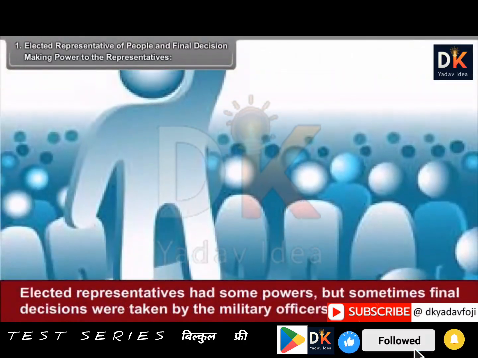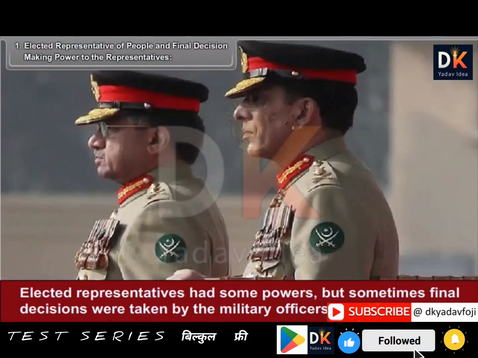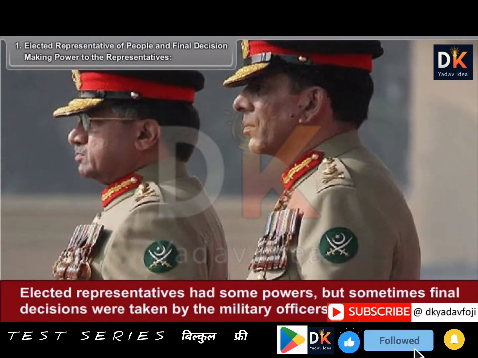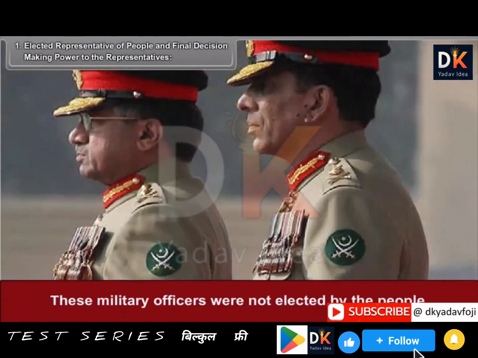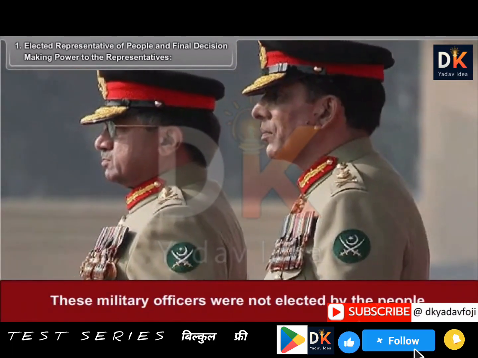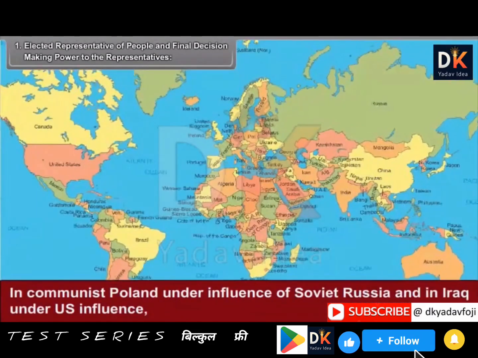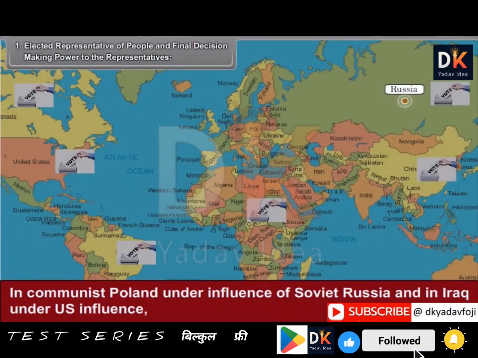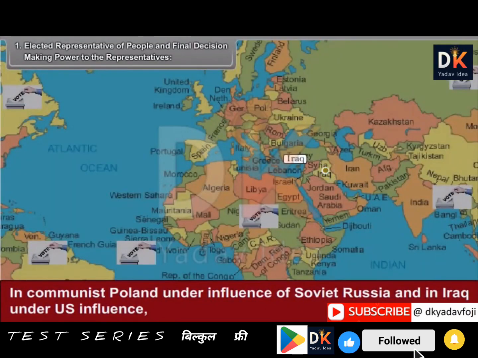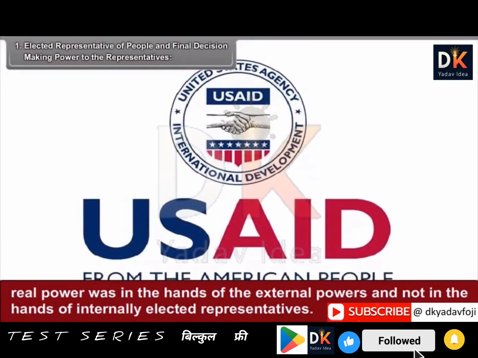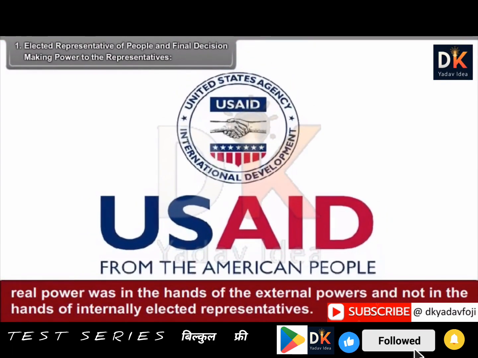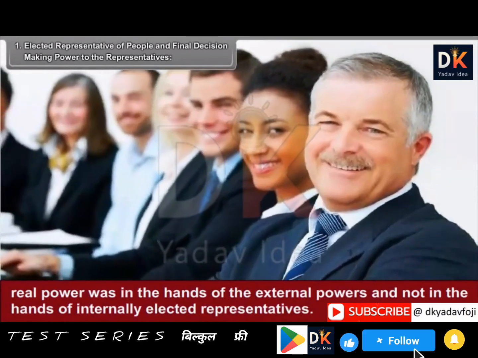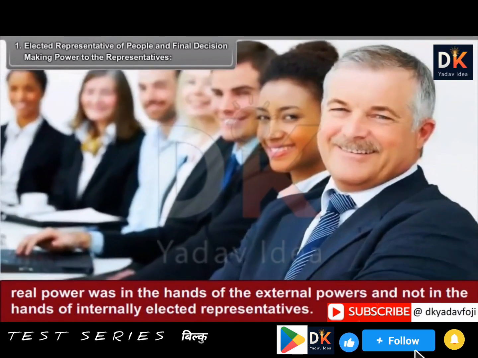Elected representatives had some powers, but sometimes final decisions were taken by the military officers. These military officers were not elected by the people. In communist Poland, under the influence of Soviet Russia, and in Iraq under US influence, real power was in the hands of the external powers and not in the hands of internally elected representatives.